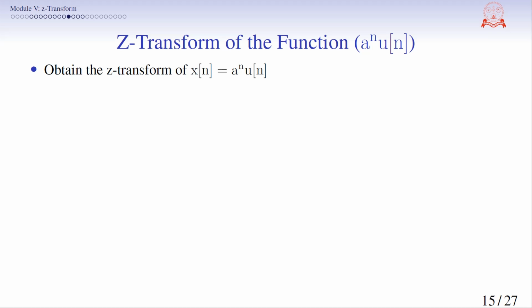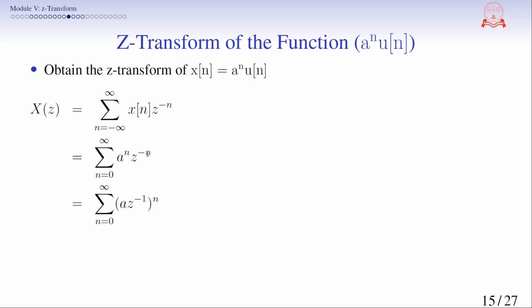So obtain the Z transform of x of n is equal to a raised to n into u of n. The limit of this is a general expression, as here we have u of n, so the limit changes from n is equal to 0 to infinity, a raised to n into z raised to minus n, that is a z raised to minus 1 the whole raised to n, that is 1 plus a z raised to minus 1 plus a z raised to minus 1 the whole square plus etc., that is 1 divided by 1 minus a z raised to minus 1, and can be represented as z divided by z minus a.